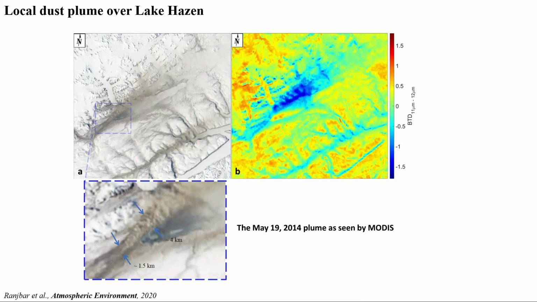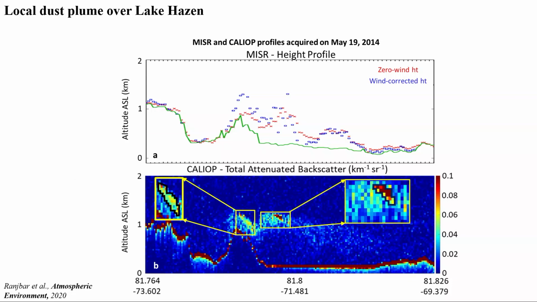During the winter there is a plume of dust coming off the drainage basin of a glacial river flowing into Lake Hazen, and we see the plume very well in this image taken by MODIS. Below is a zoom of that image. On the right is an infrared image showing a brightness temperature difference, a signature of dust, and the blue, the cold temperature, proved it was dust. On top is a retrieval from another sensor, with altitude on the y-axis and distance on the x-axis.